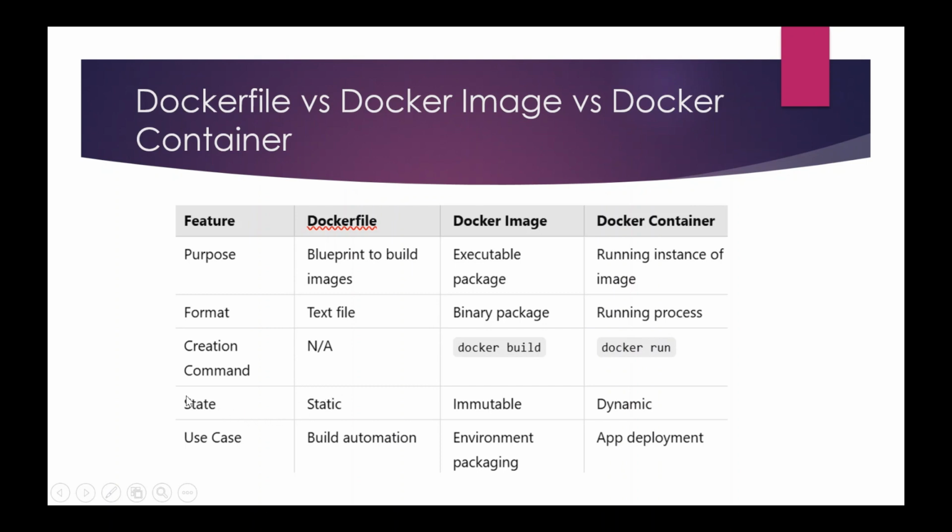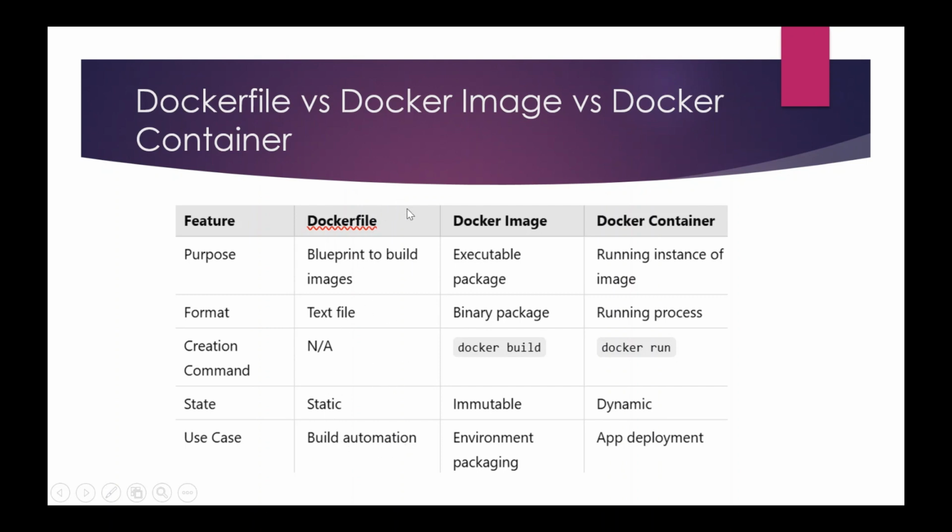Okay. It is static for the Dockerfile, immutable for Docker images because you cannot change it once you have created the image, and dynamic for Docker containers. Let's finally discuss the use case as well. Generally, we create a Dockerfile for build automation.